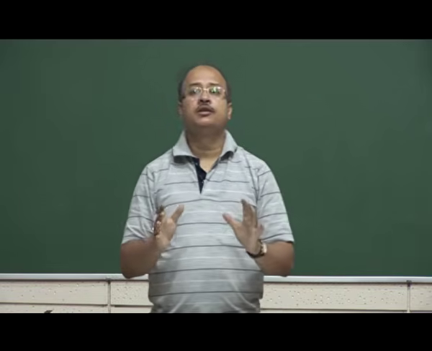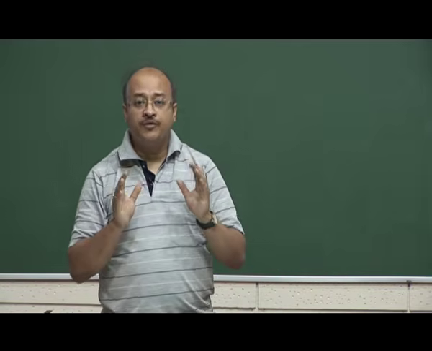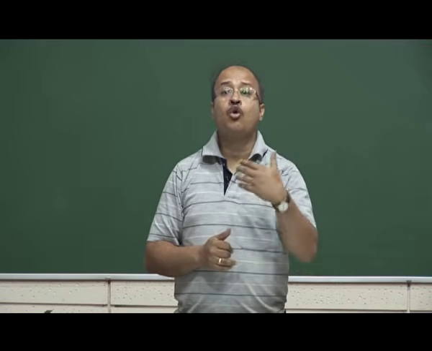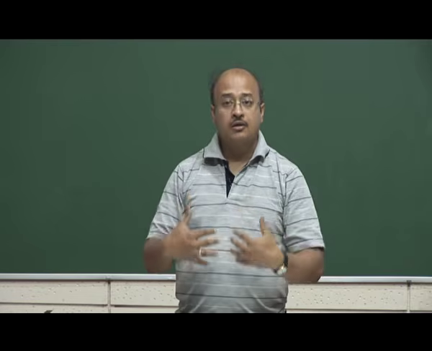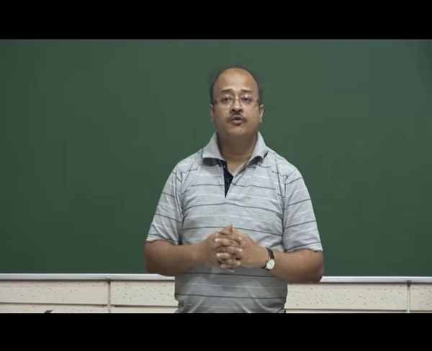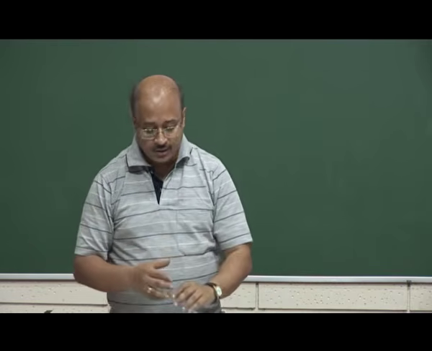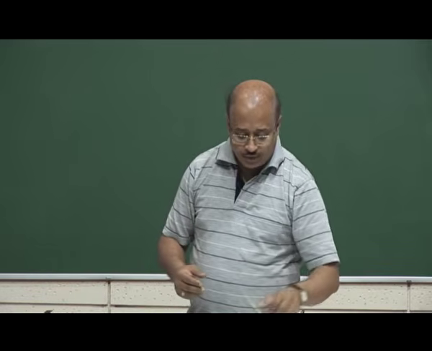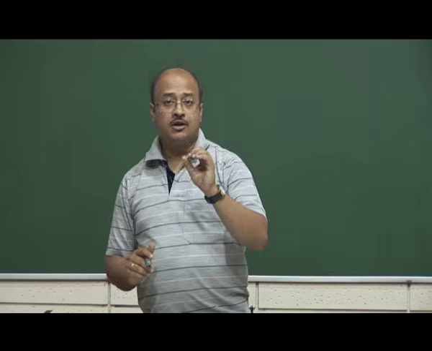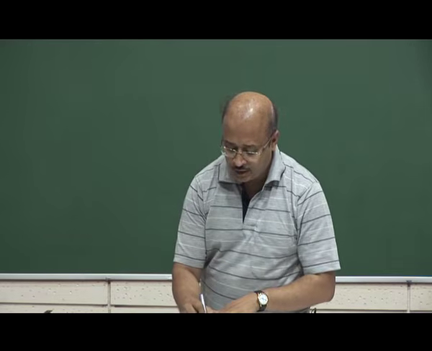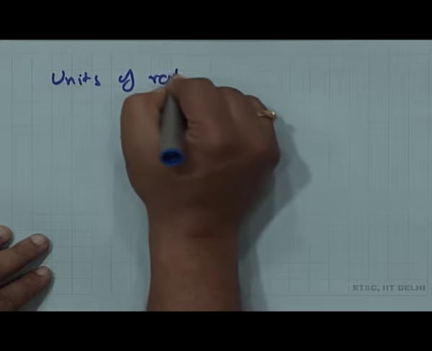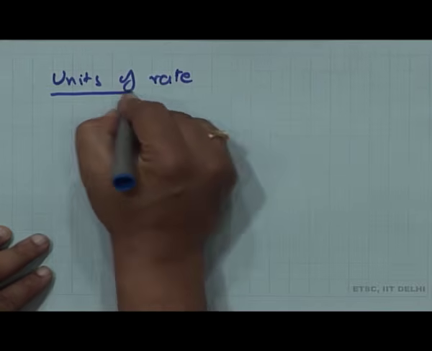Okay. So, these are some basic fundamentals which have to be absolutely clear before you go ahead and start working with the concepts of chemical kinetics. Having done all these, I will shortly look at the units of rate.